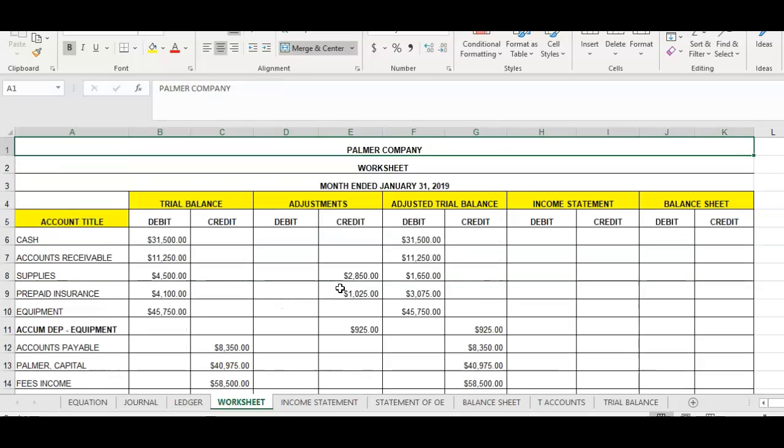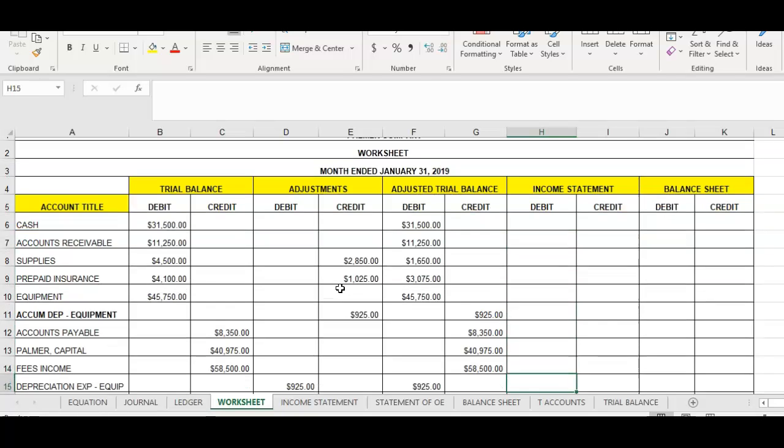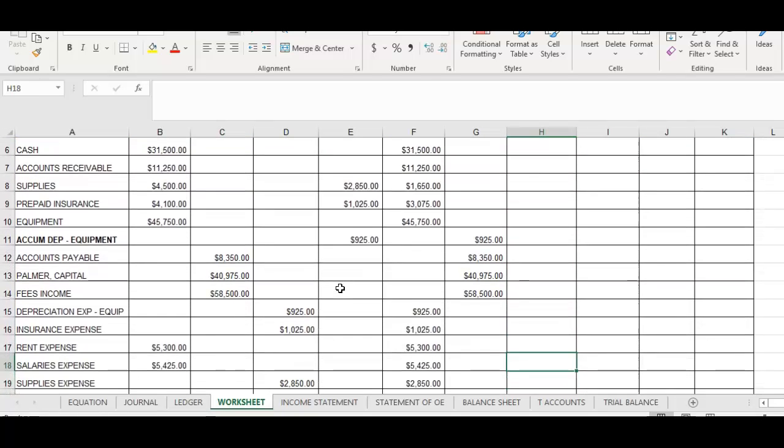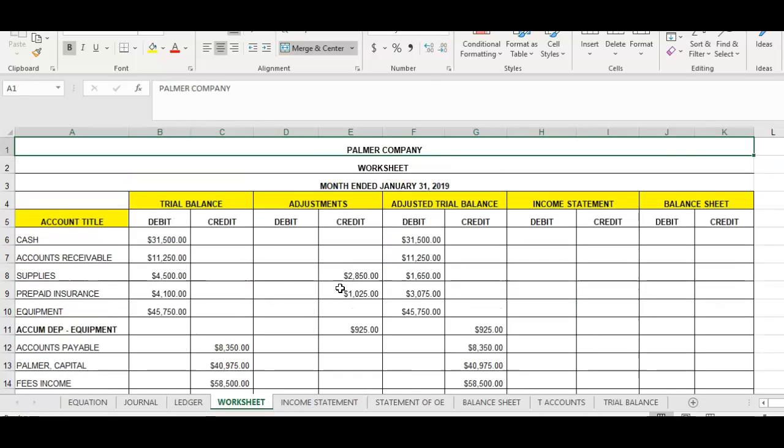Okay? So now we've completed the adjusted trial balance section, we can move over to the income statement section of the worksheet. Now you want to ask yourself what type of accounts are listed on the income statement. The income statement only lists your revenue accounts and your expense accounts.